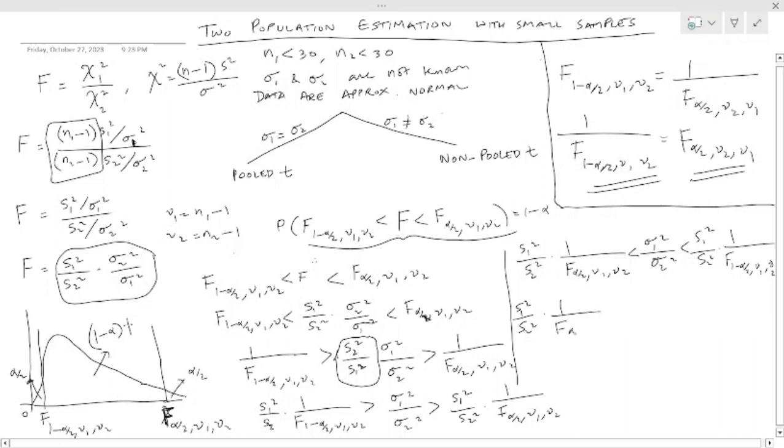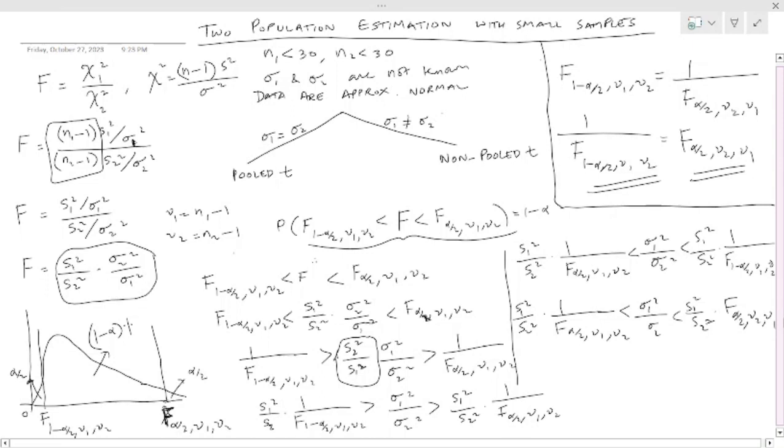Nothing will be changed on the left hand side or the lower bound of the inequality, but in the upper bound this s1 square to s2 square ratio remains the same, but this should be written as F alpha by 2, nu 2 and nu 1.